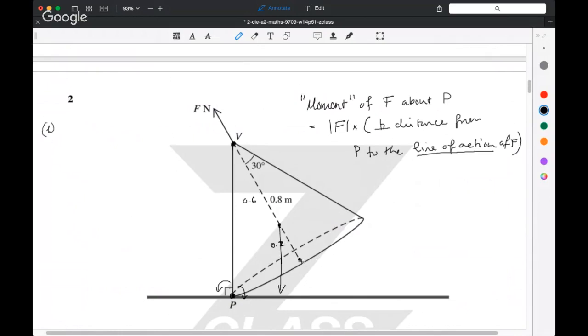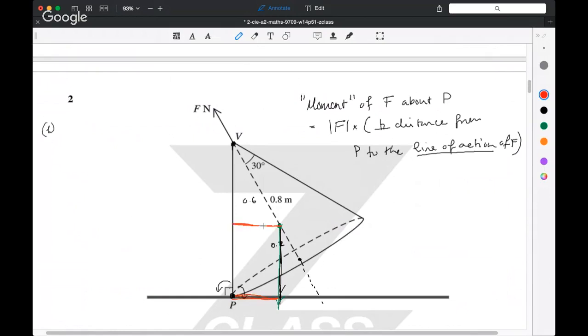So what is the distance from P to the line of force? Well, this is the line of force of the weight, right? Let me do it in green. What's the distance between P and that? Well, it's just this horizontal distance here, right? And that's the same as this distance here.